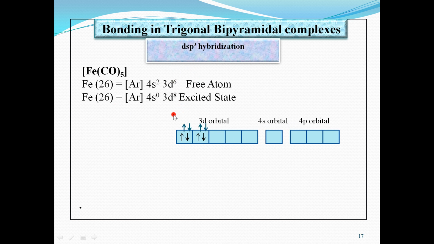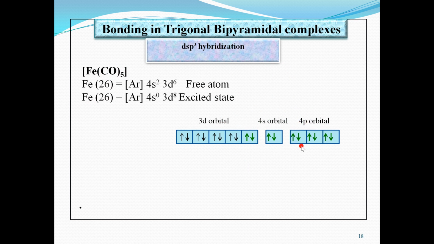A total of 8 electrons are present in the excited state; the ground state and excited state become the same. After that, the 5 electron pairs of the 5 carbonyl groups go into the 3d orbital, 1 4s orbital and 3 electron pairs in the 4p orbitals.